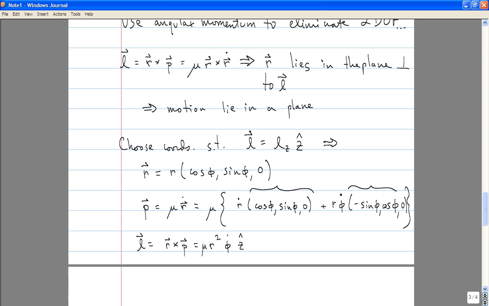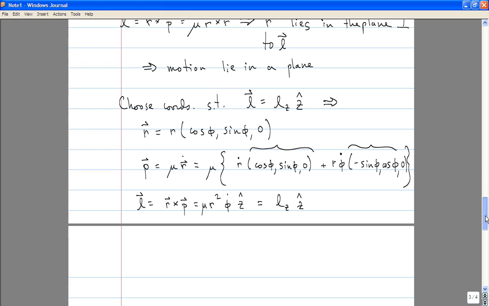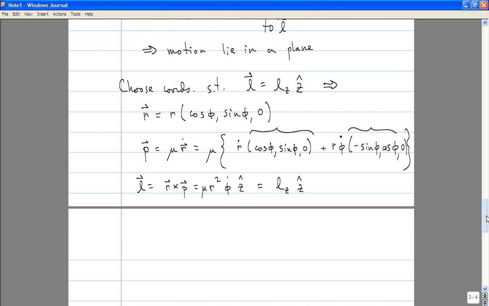Okay. Anyway, it had to work out like this because I chose the angular momentum vector to point in the z direction. So this was what I called LZ times z hat. So what that means is that whereas you might think that I have 2 degrees of freedom corresponding to the r and the phi coordinates as a function of time, in fact, I can solve for phi dot in terms of r.